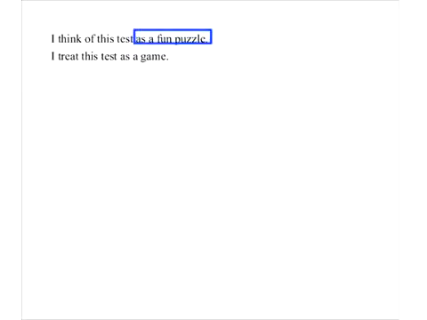Like if you have, I think of this test as a fun puzzle. I treat this test as a game. So I mean, these are both describing not the test itself so much as the way I think about it or the way I treat it.